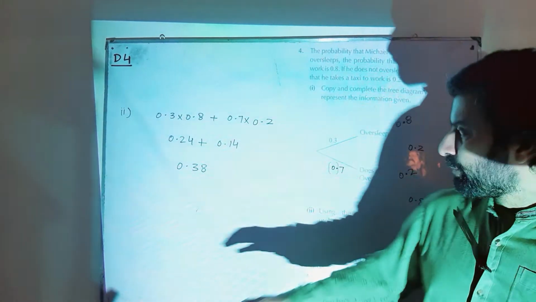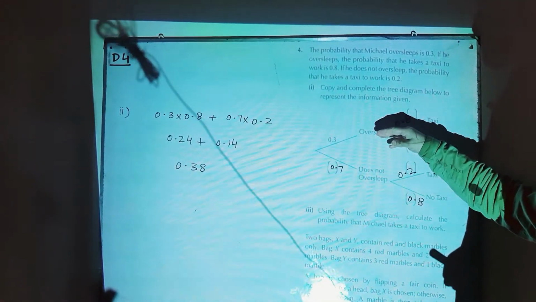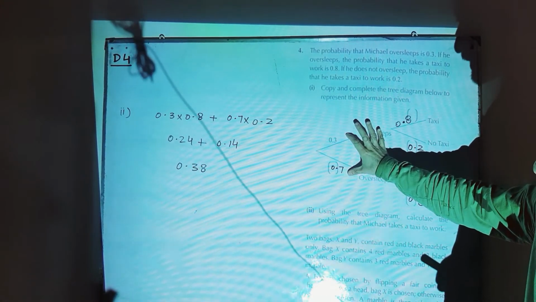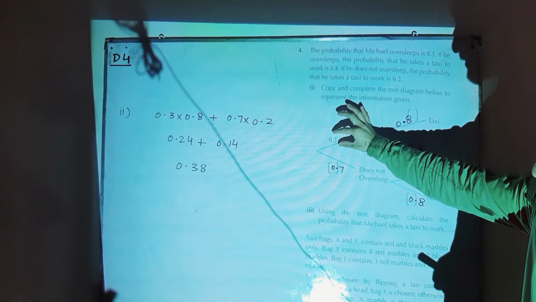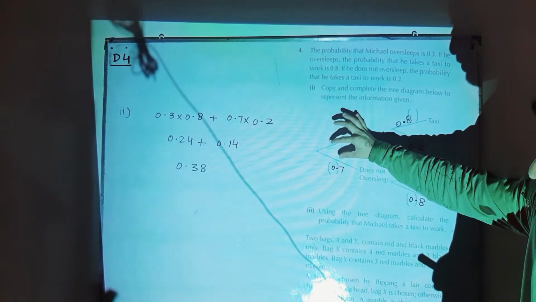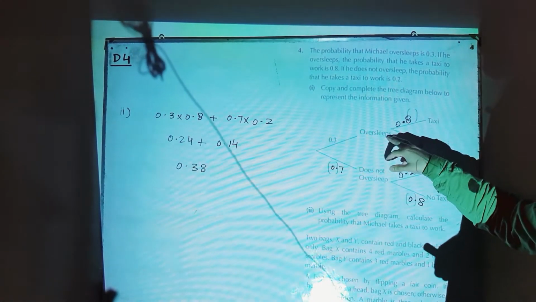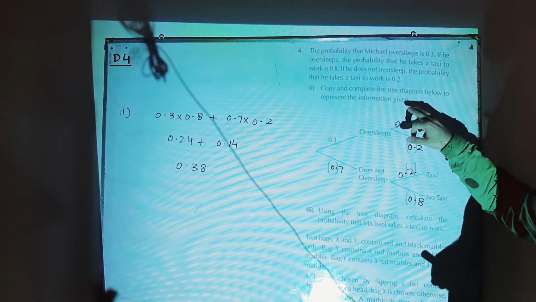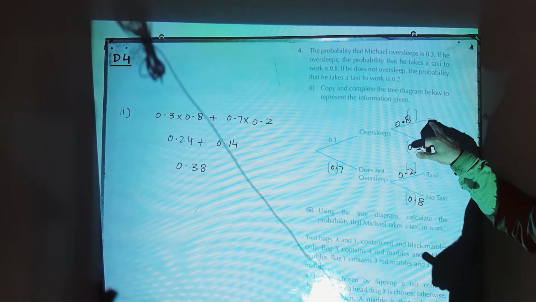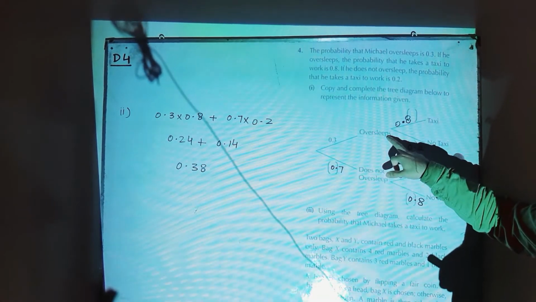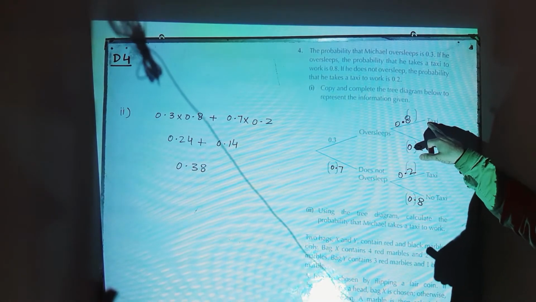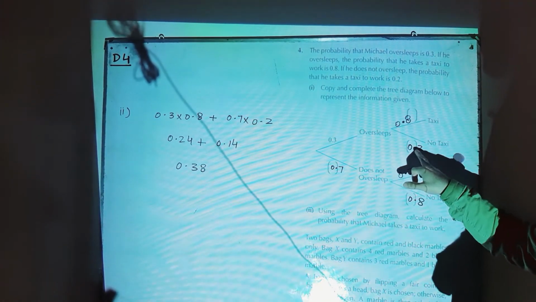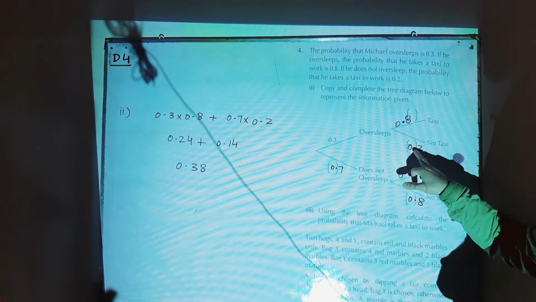Well, in total, the probabilities of oversleeping and not oversleeping should be equal to 1. If this is 0.3, then subtract 0.3 from 1, you will get 0.7. If he oversleeps and goes by taxi, the probability is 0.8, then this must be 1 minus 0.8, that is 0.2.